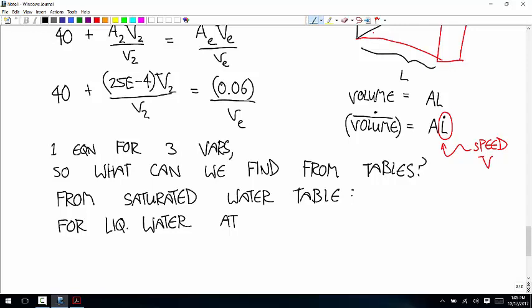At T2, so this is at 40 degrees Celsius, that's the temperature at inlet 2. The specific volume is 1.108 times 10 to the minus third. That's meters cubed per kilogram.